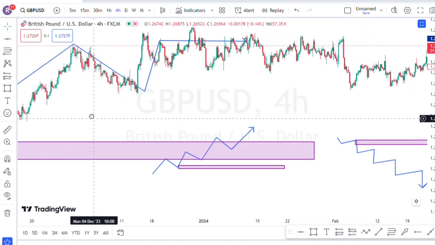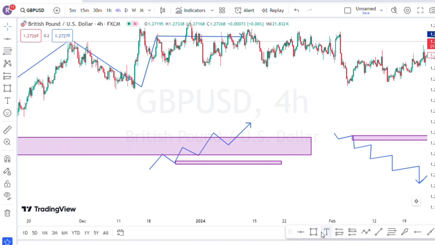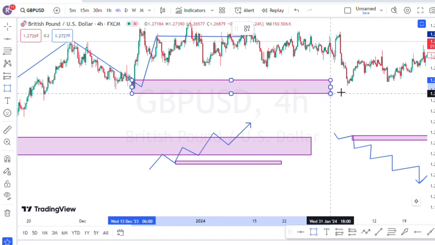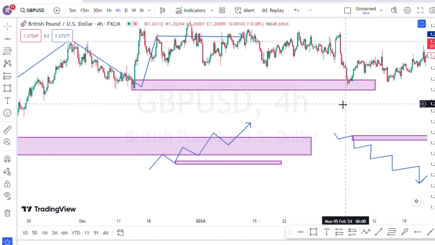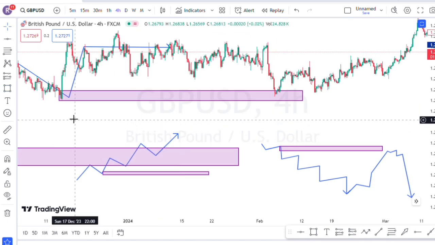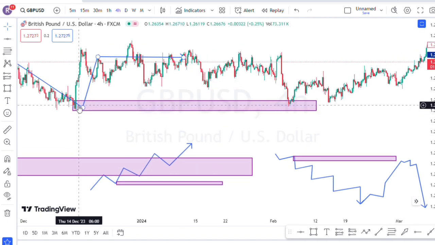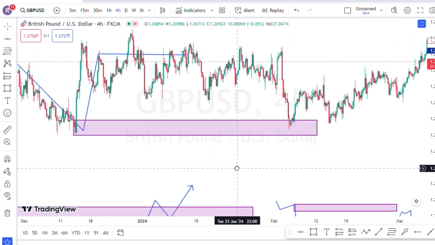So let's draw our demand zone where the market will eventually come and fill. From this point, this demand zone has given us very good confidence that it is a valid demand zone.